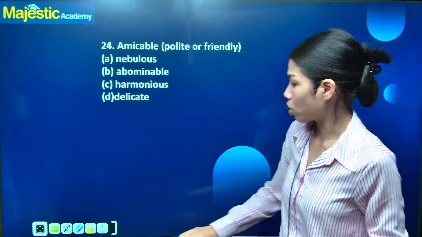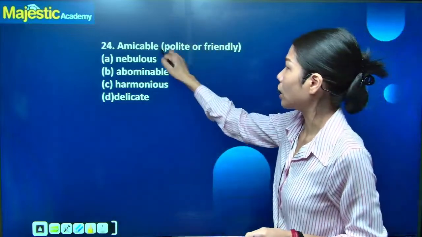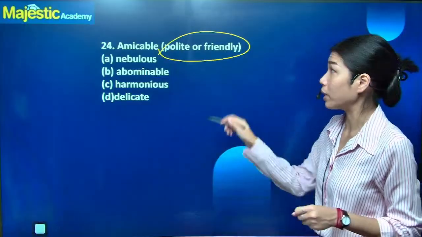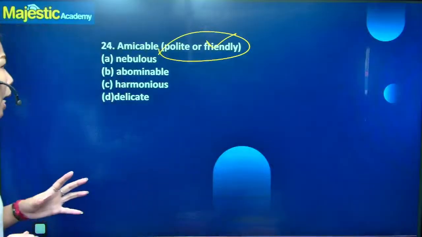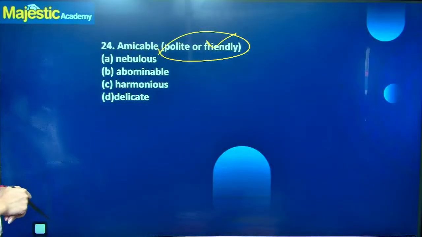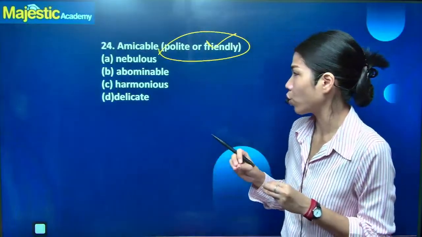Let's move to question number 24, and it says amicable, and the meaning is already given in brackets, that is polite or friendly. That means if you understand it as friendly, your answer is clear. Okay, in that case your options are nebulous, abominable, harmonious, and delicate. So with one option at a time I will be giving you the answer.